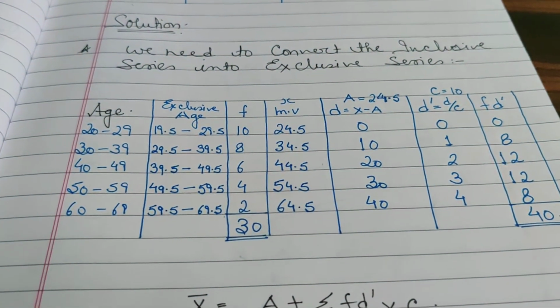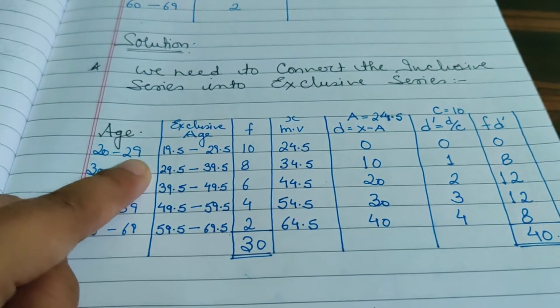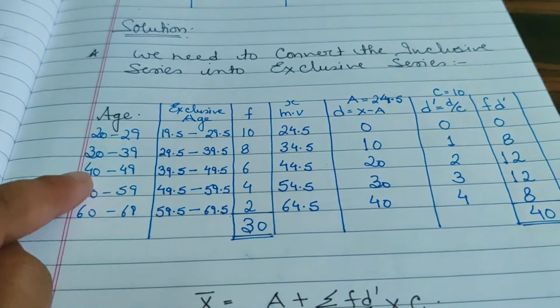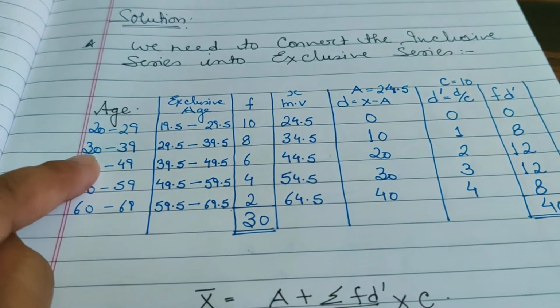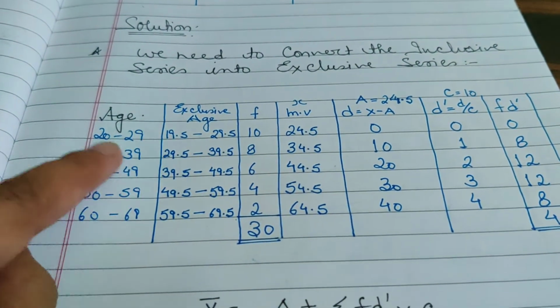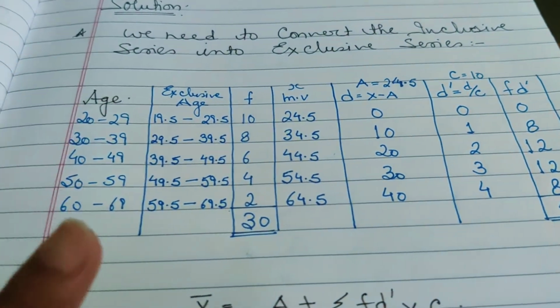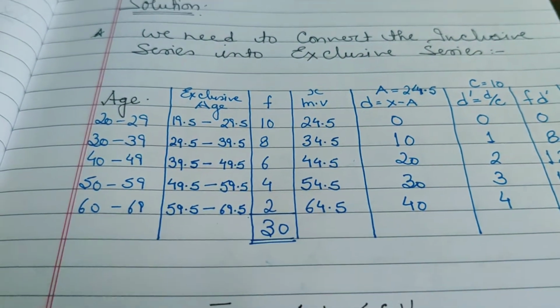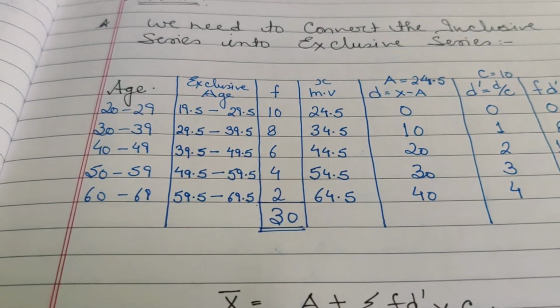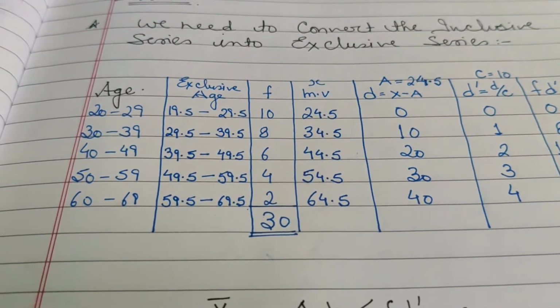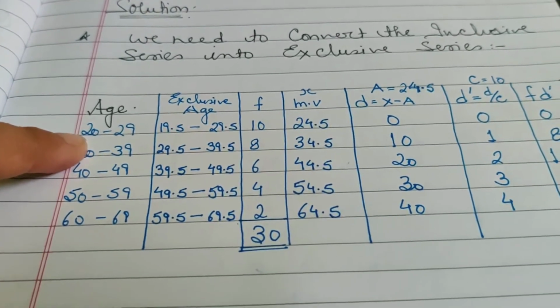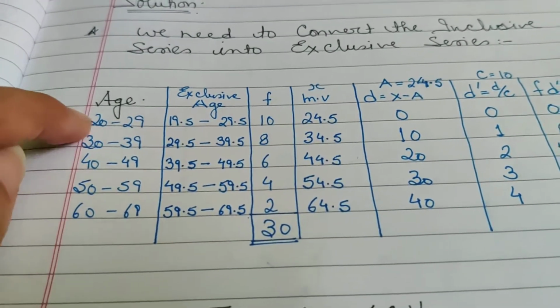Now see how. Children, the difference between the upper limit of the first class interval and the lower limit of the another class interval is equal to 1. And we divide 1 by 2, that means we divide the difference into half. When we divide 1 by 2, it becomes 0.5.